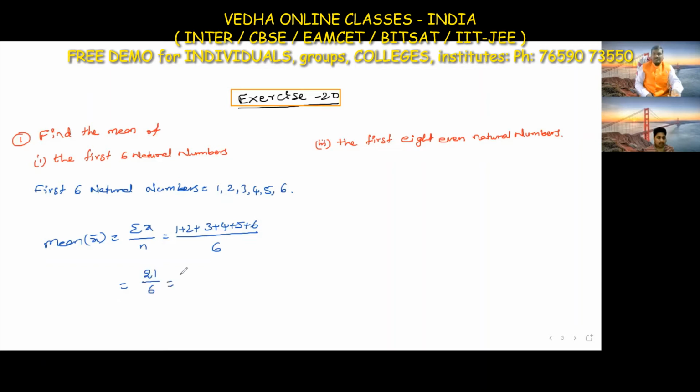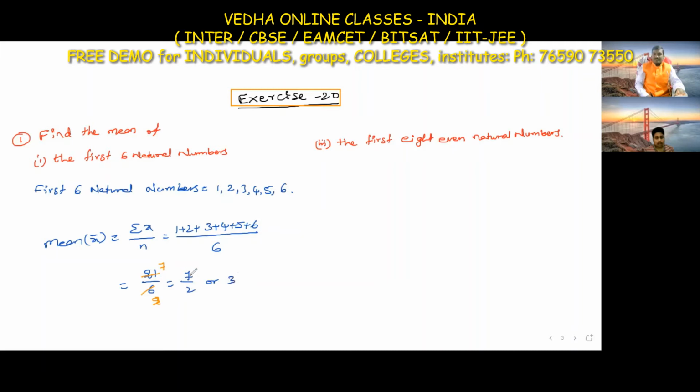Now is 21 by 6 divisible by 6? No, but we can divide by 3. 3 twos are 6, and 3 sevens are 21. So either you can write 7 by 2 or 3.5.